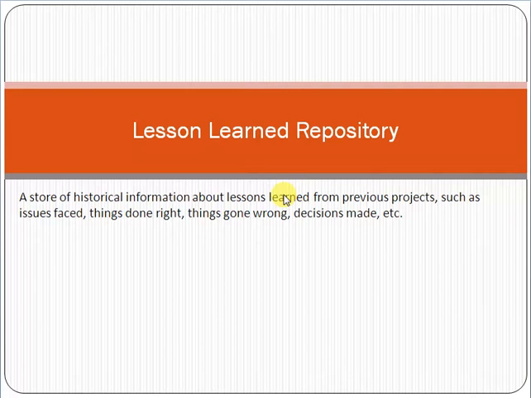So a very important lesson learned, just take an example. Whatever positive things happen in a project, whatever negative things happen in a project, you should try to document all those things as a project manager, and you should try to learn from the mistakes which you have made.